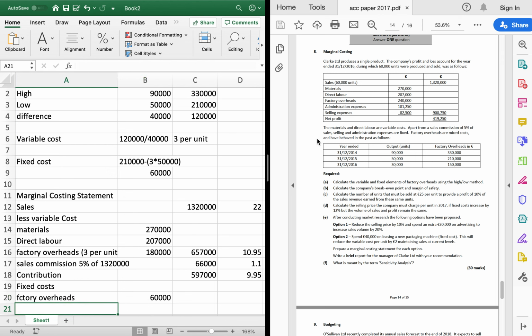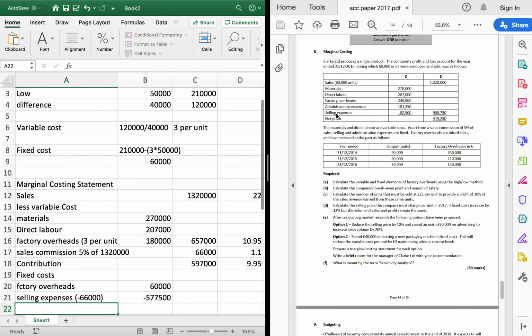We know that the rest of our selling expenses, so the selling expenses minus the commission, so the commission was 66. So 82,500 minus the 66. And then finally, all of our admin is 101,250.